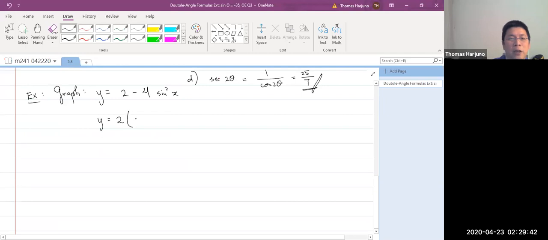And then you get 1 minus 2 sine squared x, but what will that be? That's cosine 2x, right? 2 times cosine 2x.